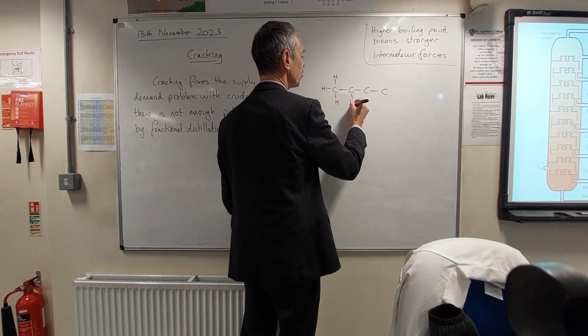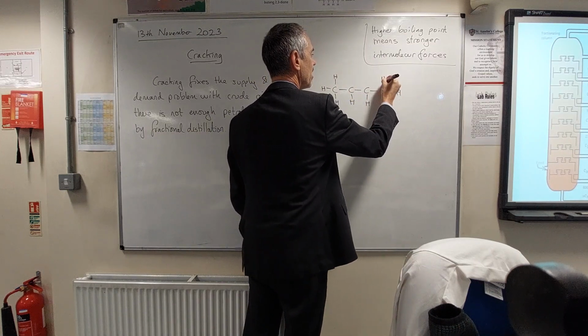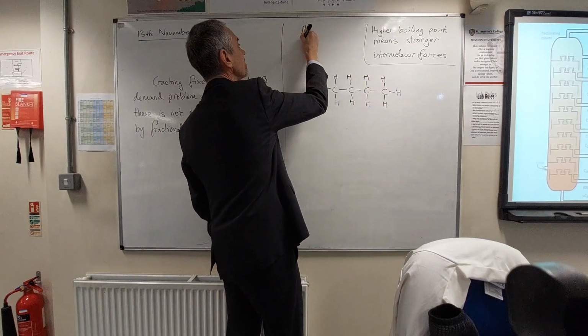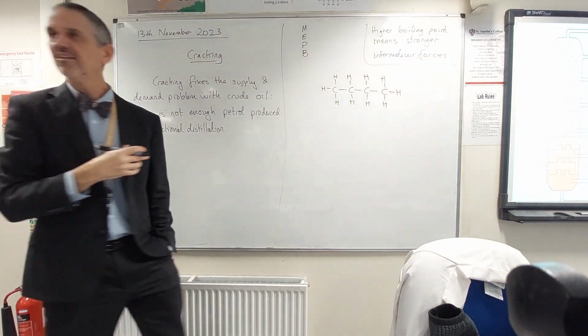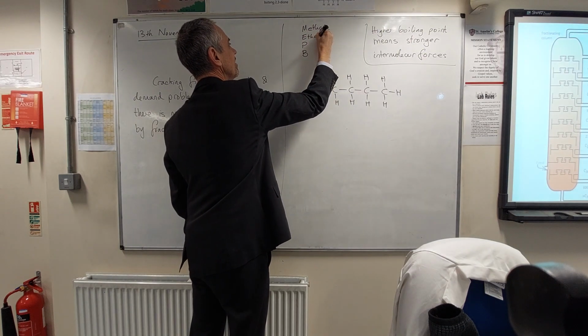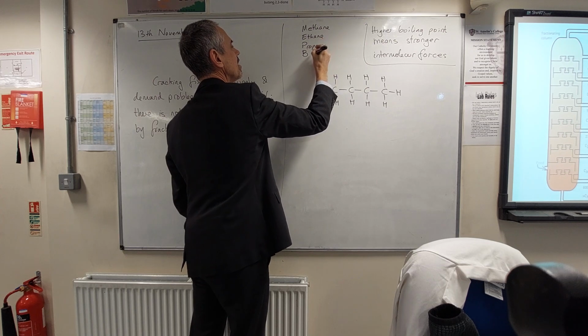What's the molecule called with 4 carbons in? Remember? Monkeys eat peeled bananas. Methane, ethane, propane.